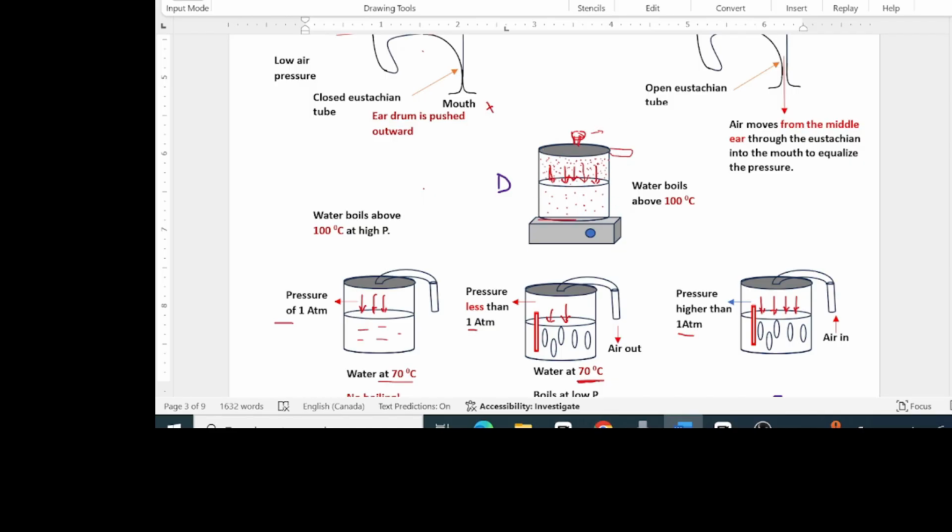So only a certain pressure can be attained by the pressure cooker. Okay, so that is why at some point you hear your nozzle starting to sing. That tells you now that the pressure that was desired has just been attained.